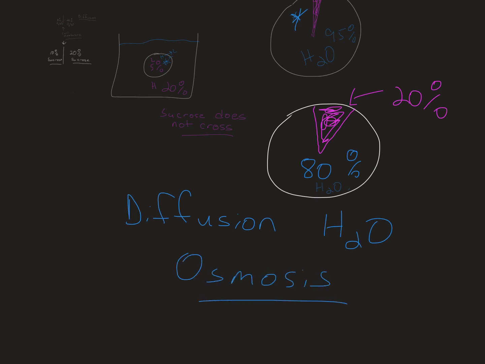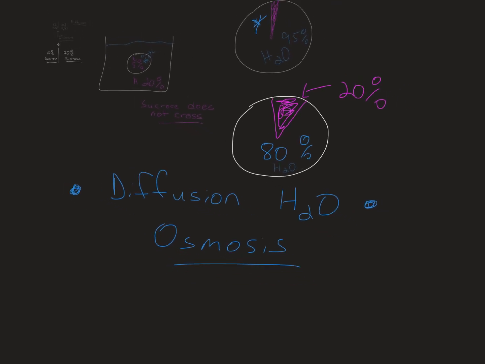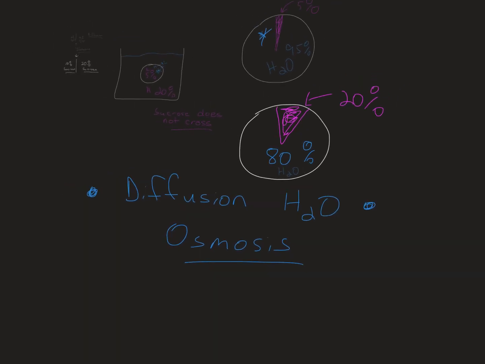You should know that was tested. Osmosis is just the diffusion of water, water moving from its high to its low. When does water move this way? When the solute cannot move.